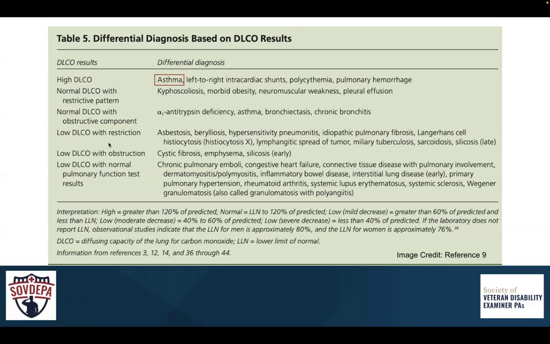Well, that DLCO is going to be important then, because if the DLCO is normal with a restrictive pattern on the PFT results, then perhaps it's the obesity, right? I also check a chest x-ray too if one hasn't been done. But if it's a reduced DLCO and there's a restrictive pattern on the PFT result, and maybe the chest x-ray shows things, maybe it doesn't, then I'm worried about pulmonary fibrosis, okay? Sarcoidosis as well.